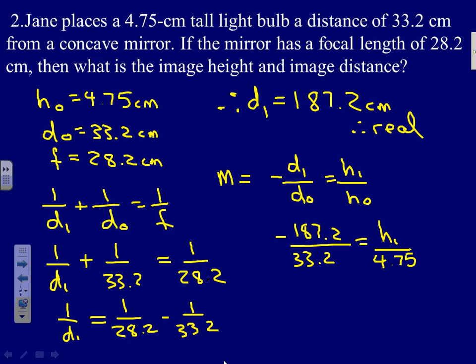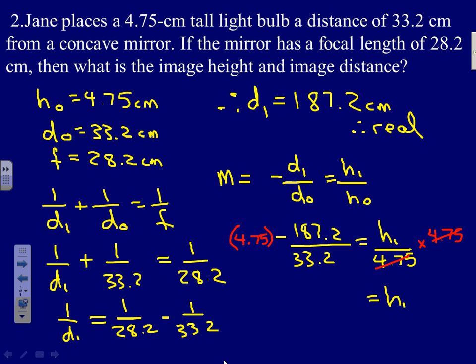We're doing some mathematics, multiplying both sides by 4.75. I think we've seen that before. I'll write it in with a different color, times 4.75. That cancels that out. I'll put it in brackets over here, times 4.75. That cancels that. hi equals.